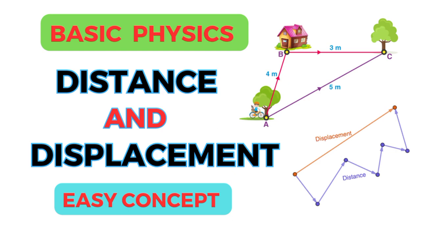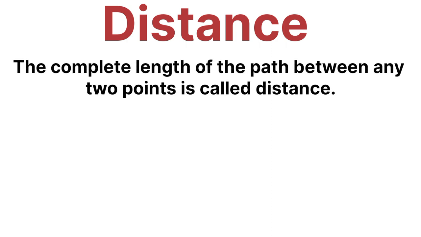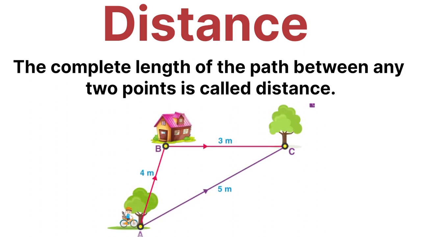Okay, so first of all, let's see what is a distance. Then we will talk about displacement, and then we will compare distance and displacement in a very proper manner. Okay, so distance is nothing but the length of path traveled by a body while moving from one point to another point.